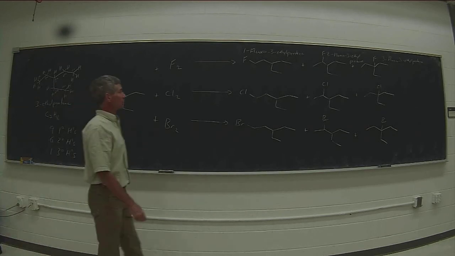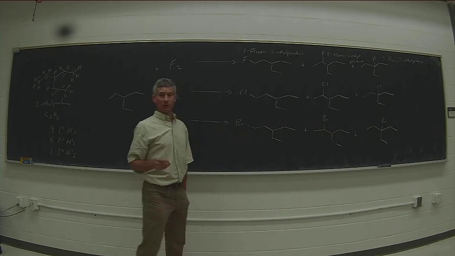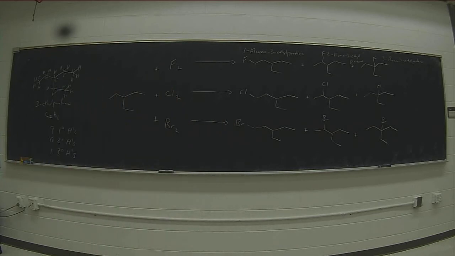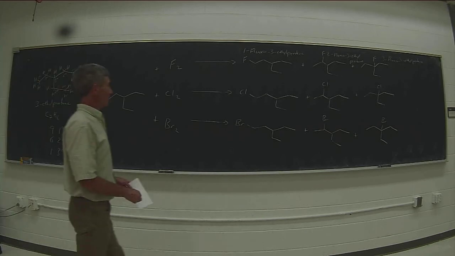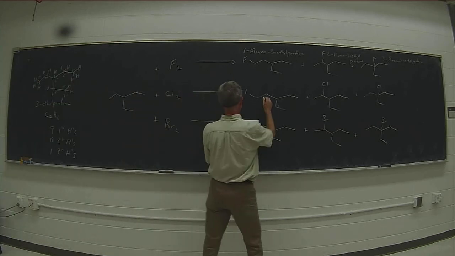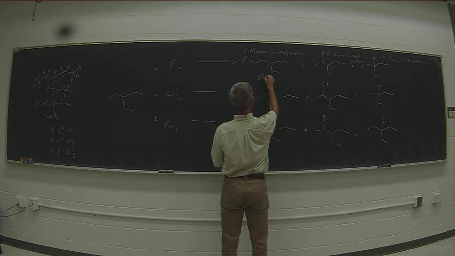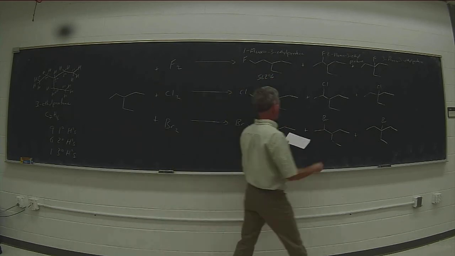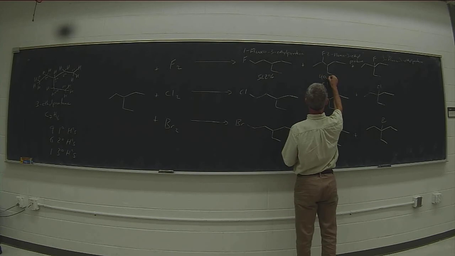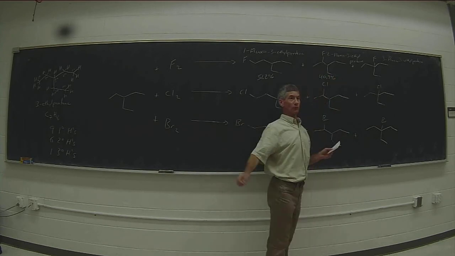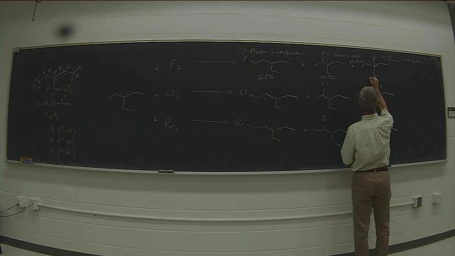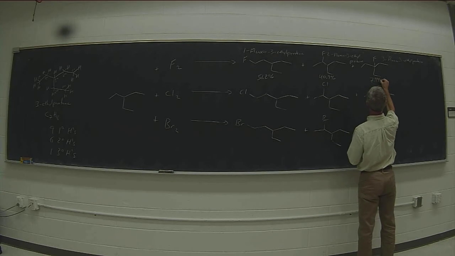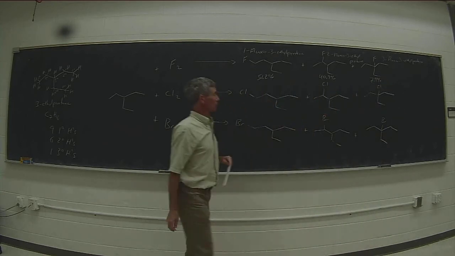If we measure the percentages of each of those materials that's isolated, we will find that for the fluoro case, we get 51.2% of the 1-fluoro derivative, 40.9% of the 2-fluoro derivative, and 7.9% of the 3-fluoro derivative.